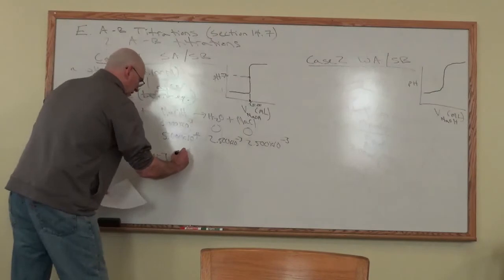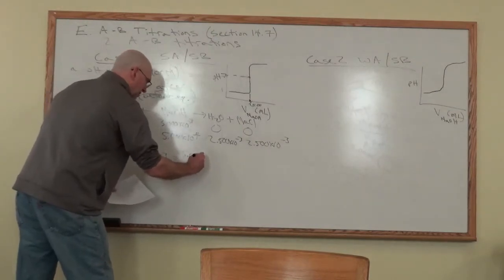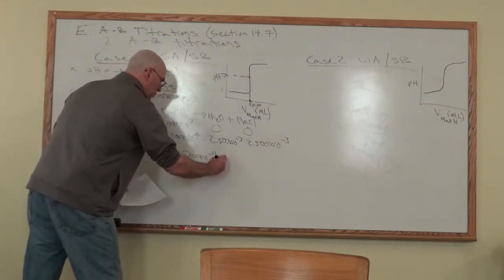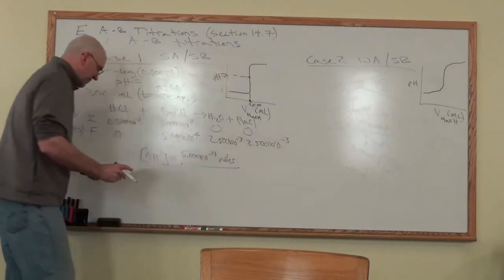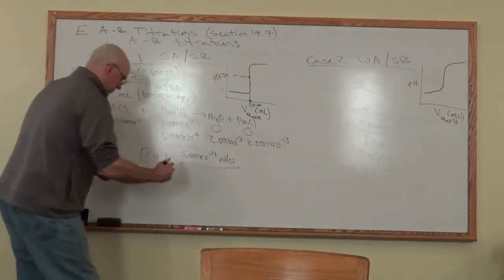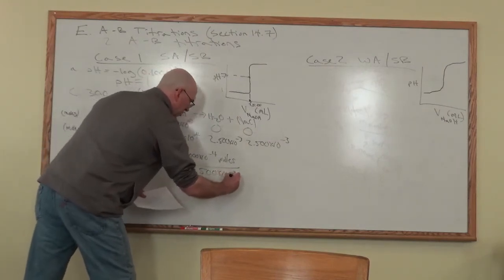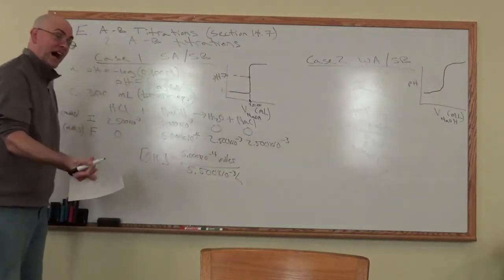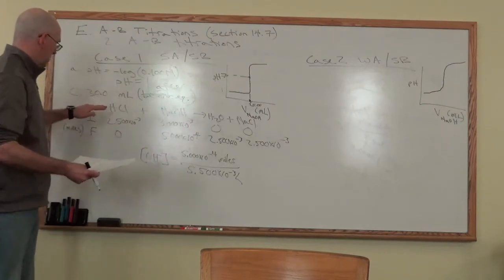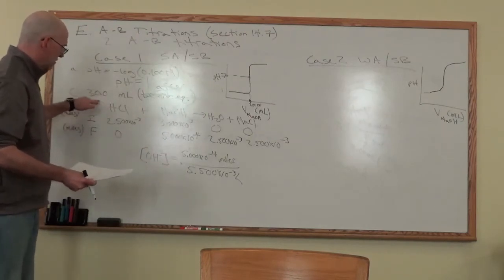It is 5.000 times 10 to the minus 4 moles of OH minus divided by the total volume, 5.500 times 10 to the minus 3rd liters, also known as 25 milliliters.